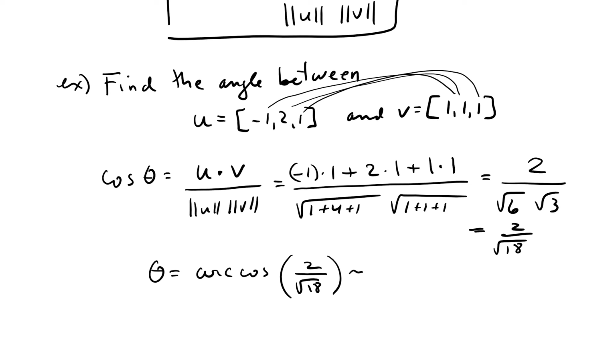If your calculator is set in radians, it will be 1.08 radians. And that's approximately 61.9 degrees.